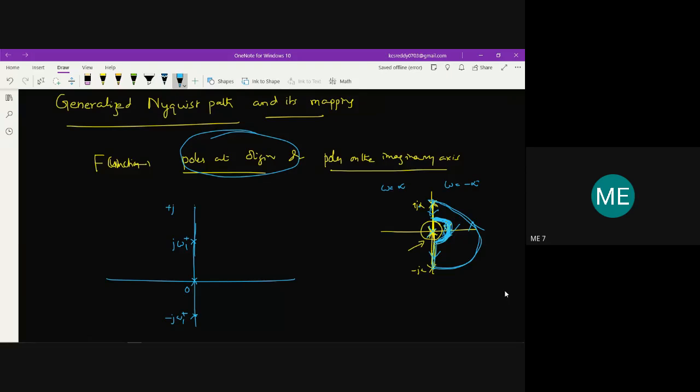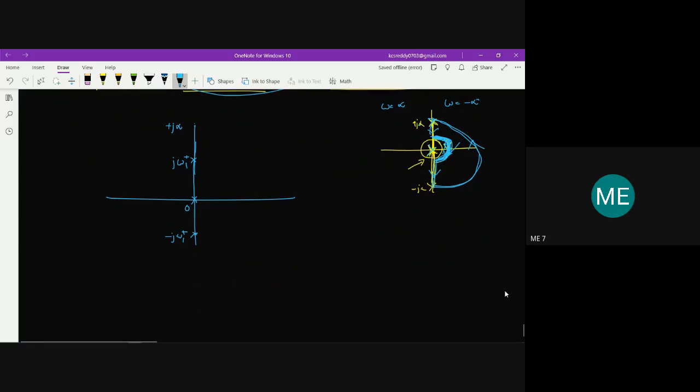I am showing the modified Nyquist path here.